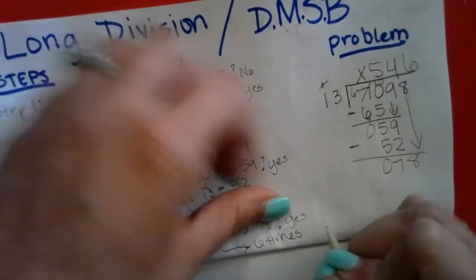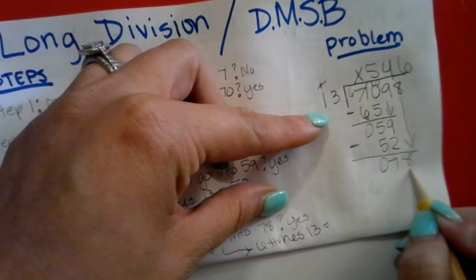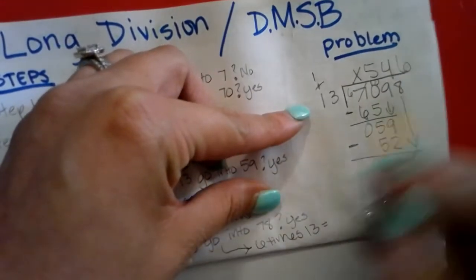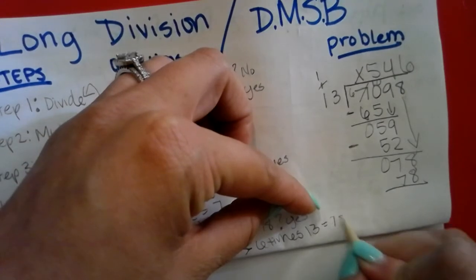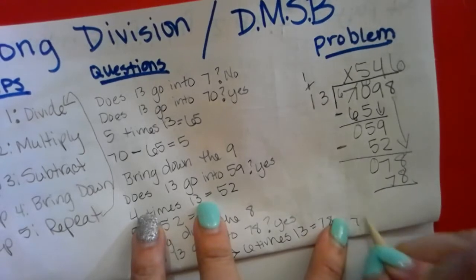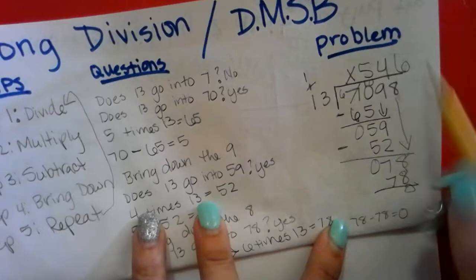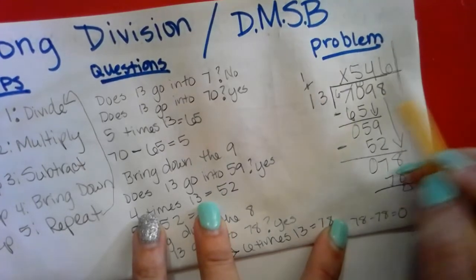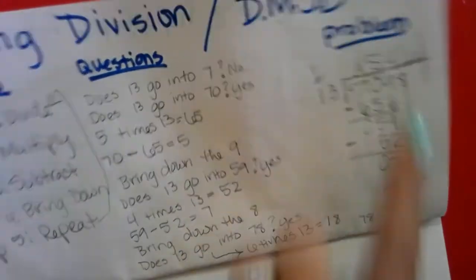Six times 13 equals, well, 6 times 3 is 18, carry the 1. 6 times 1, 6 plus 1 is 7. So it equals 78. And then I'm going to subtract 78 minus 78 equals the 0. And I'm at the wall, guys. That wall we've been talking about. So my answer is 546.